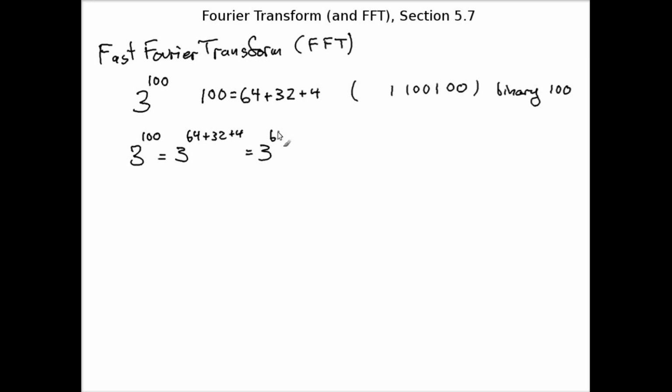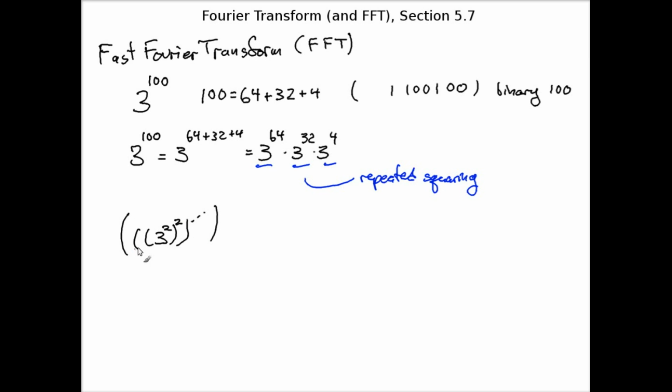And that's 3 to the 64 times 3 to the 32 times 3 to the 4. And you do each of these by repeated squaring and multiply them together. That is to say, you do 3 squared, squared, dot, dot, dot, enough times to get 64. And then 3 squared, 2, 4, 8, 16, 32. And then finally 3 squared, squared.